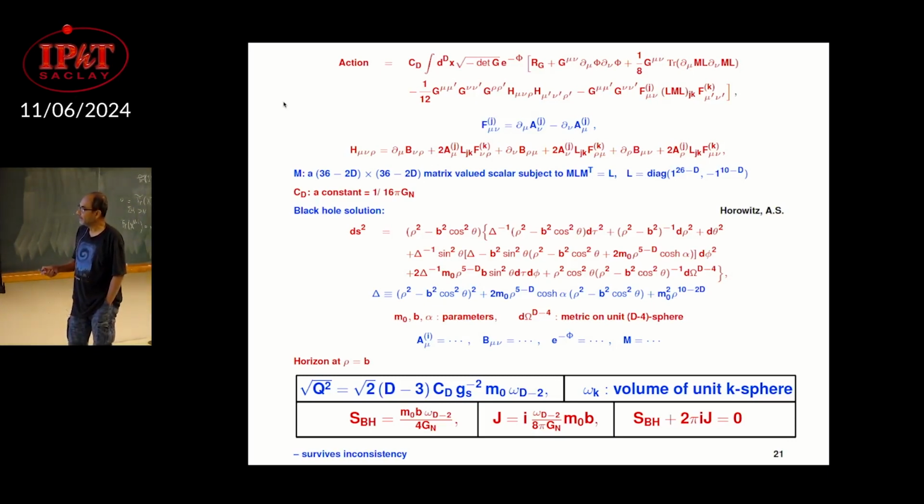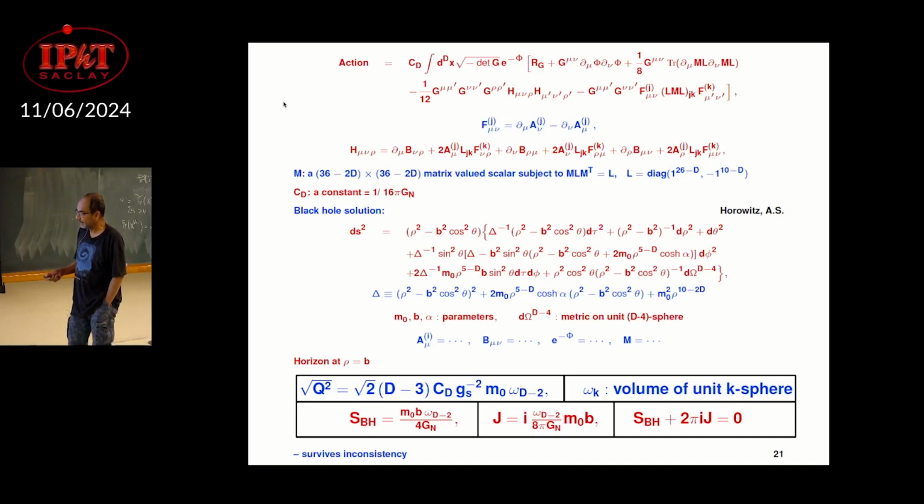So this metric has a horizon at rho equal to b, and so you can calculate the entropy by calculating the area of the horizon, because you are still using the Bekenstein-Hawking formula. The important parts are here. This is the expression for the charge.